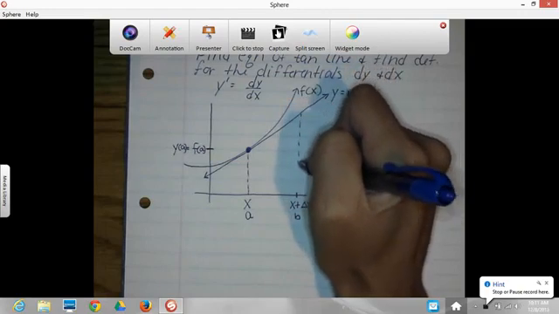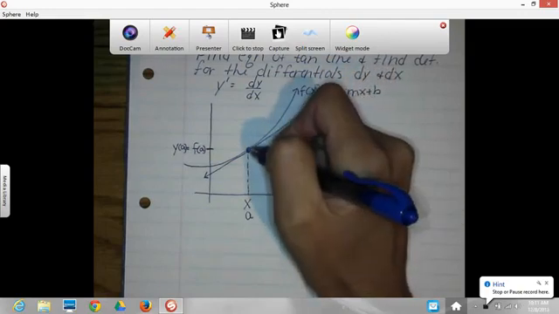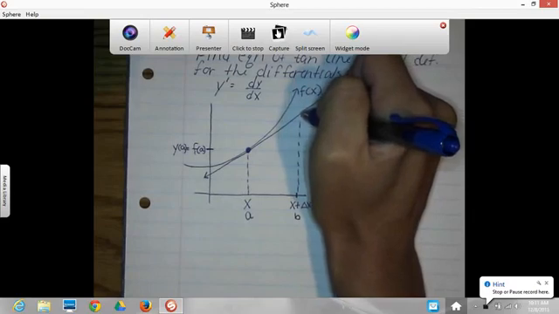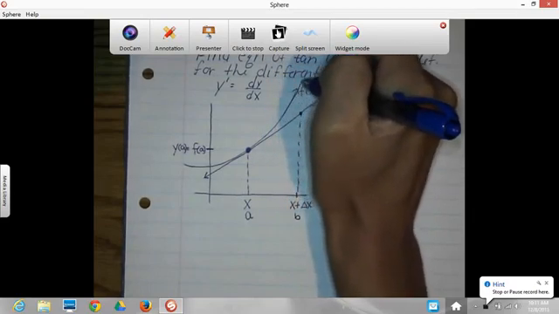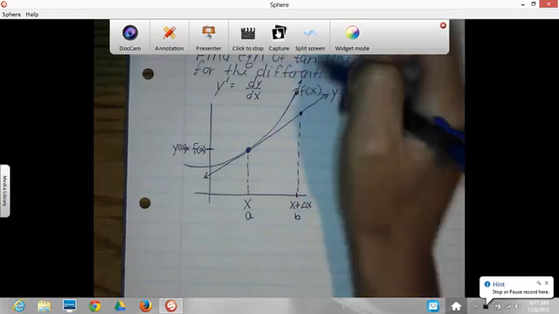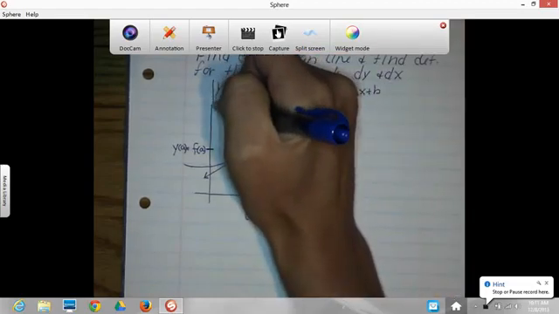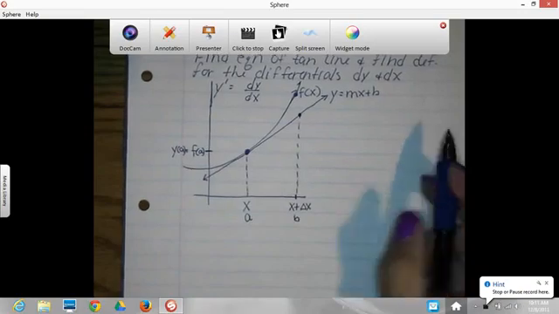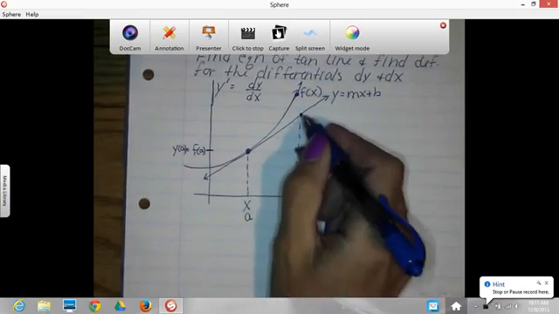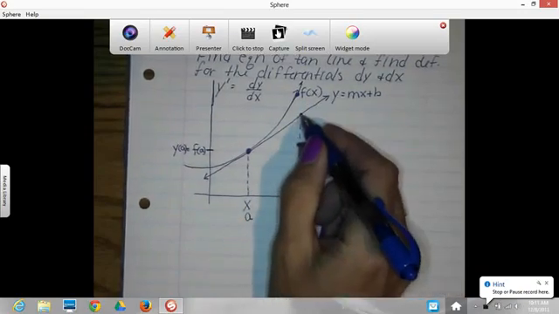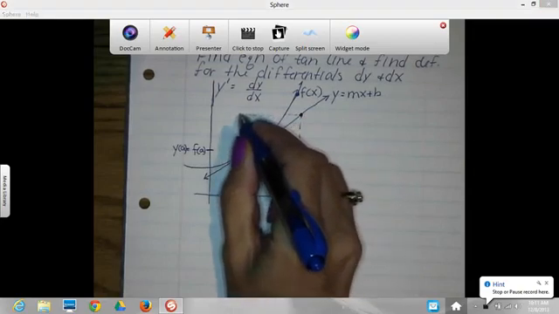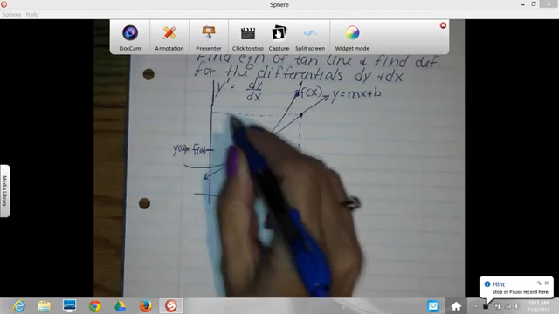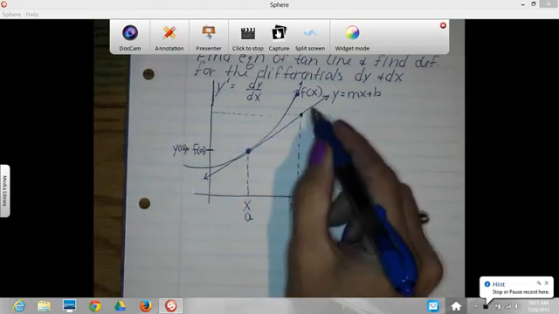Now what happens when we move away from that point they have in common, they no longer have the same y value. I'm going to stretch this out here. This new y value on the tangent function we'll call y of b, because I've got that equation called y equals.